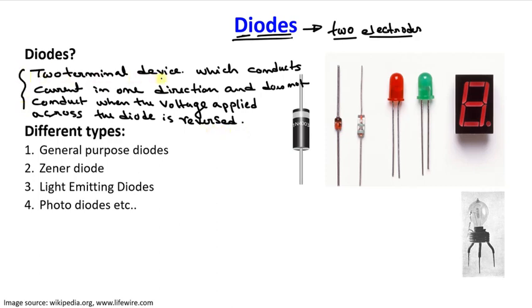So a diode is a two-terminal device which conducts current in one direction and does not conduct when the voltage across the diode is reversed, right?